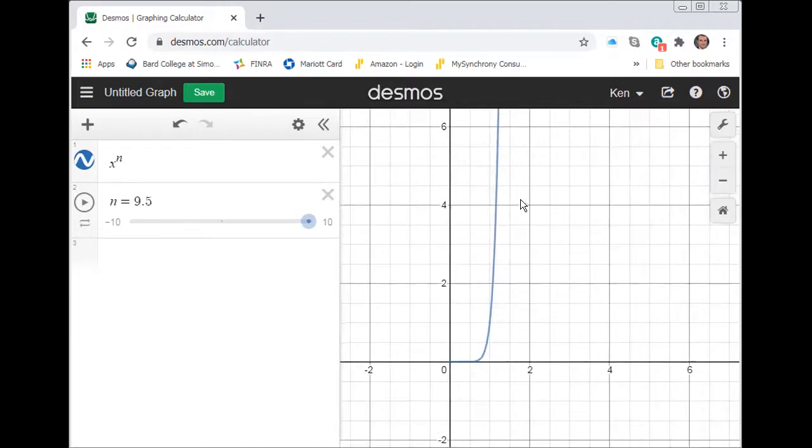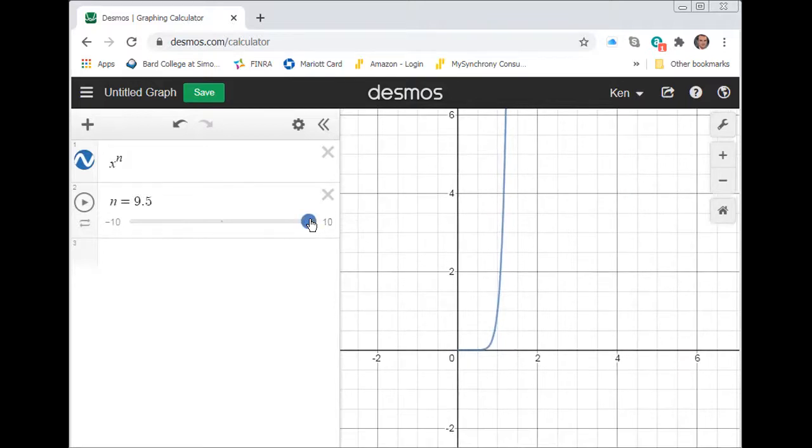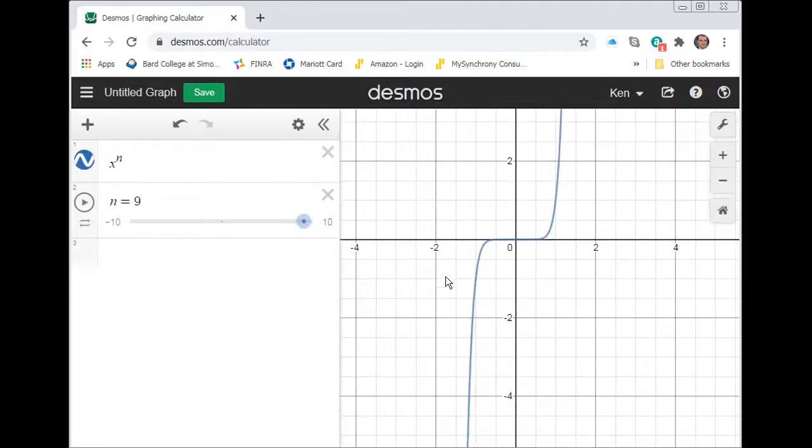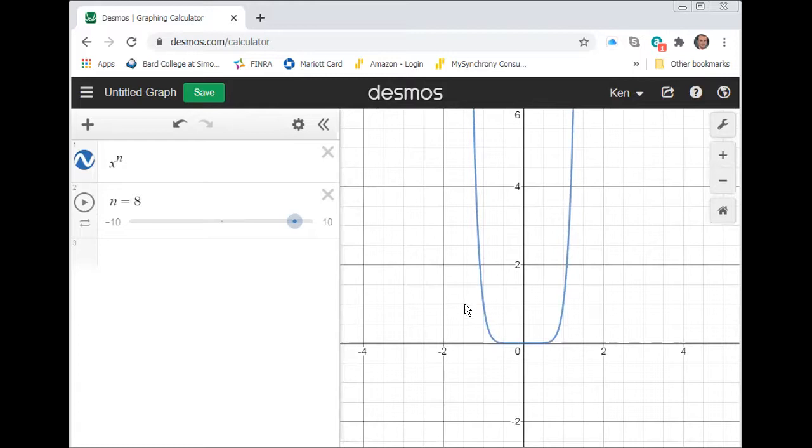But if you compare to n equals 9, you can see how if you now take the limit as x goes to negative infinity, this goes to negative infinity, whereas when the exponent's even, then as x goes to negative infinity, the y values will go up towards positive infinity. So just a little thing to note.